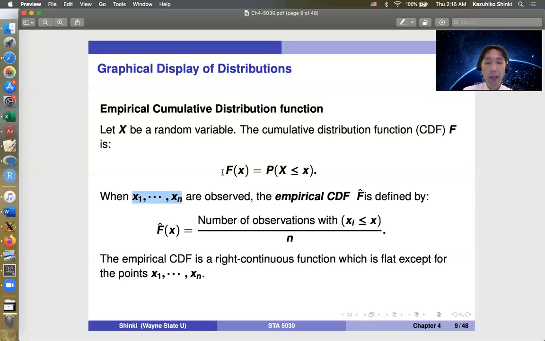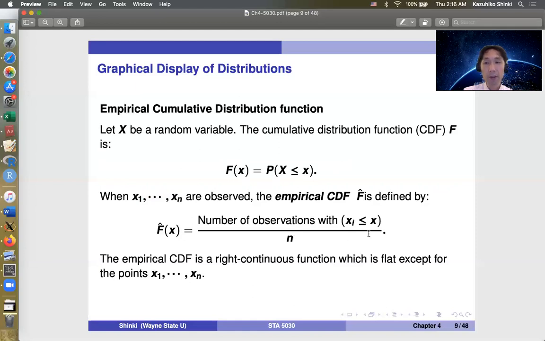Then we can estimate capital F of x by F hat of x, defined as the number of observations with x_i less than x, over n. So if, for example, 7 out of 10 observations are less than 2, then F hat of 2 is 7 over 10, so 0.7.